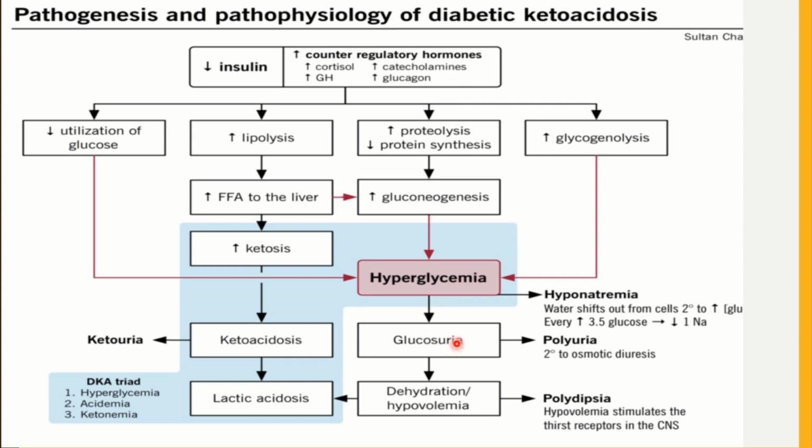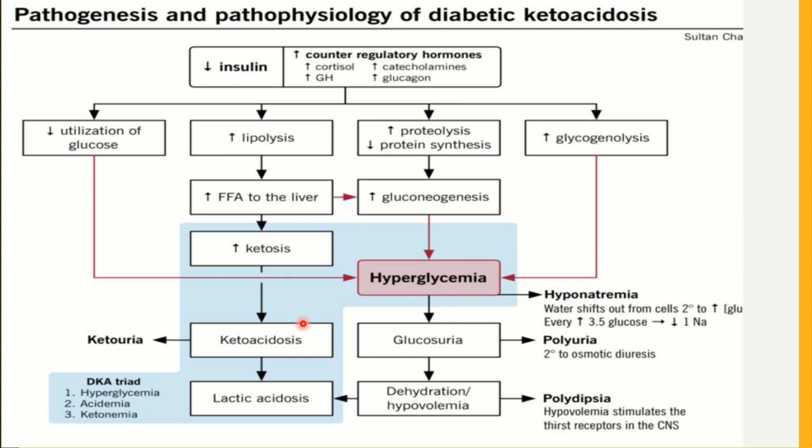Glycosuria means more and more glucose is lost. That will lead to polyuria. When there is glycosuria, more and more fluid as well as glucose is lost. That will lead to dehydration and hypovolemia, and the child will suffer from dehydration and there will be polydipsia. So that is how a child with diabetic ketoacidosis presents. They will present with hyperglycemia, dehydration and vomiting, polyuria, polydipsia, and features of hyponatremia.